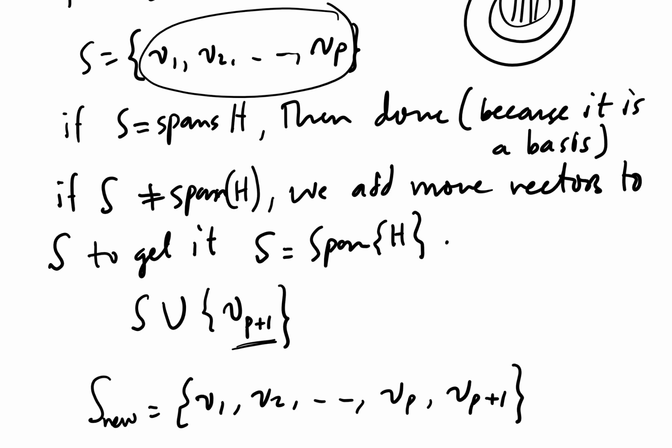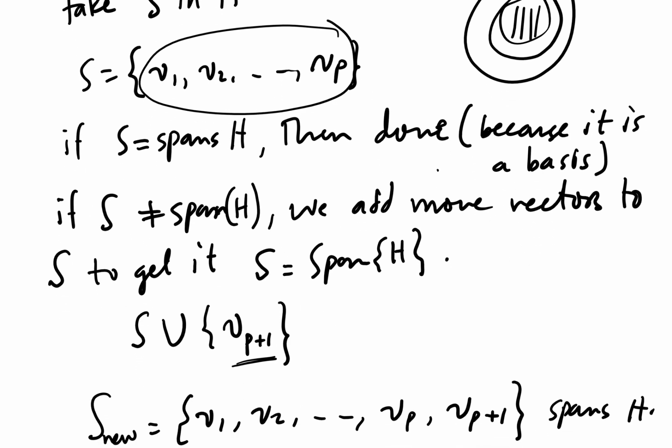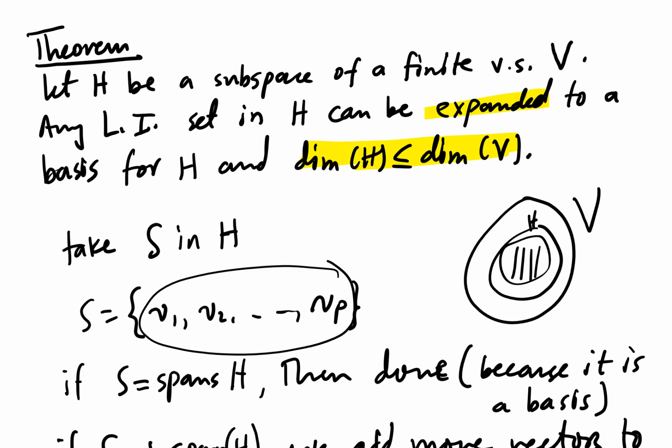Assuming this spans H. But how about if it doesn't? Even after adding one vector, you can add the next one, and the following, until you get to the point that the set spans H. That's what they meant by expanded in the theorem.